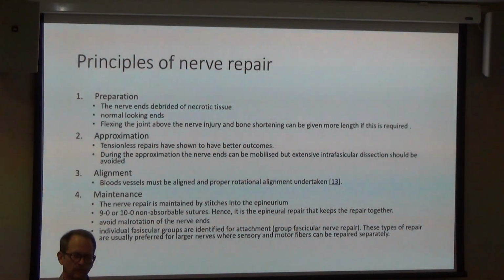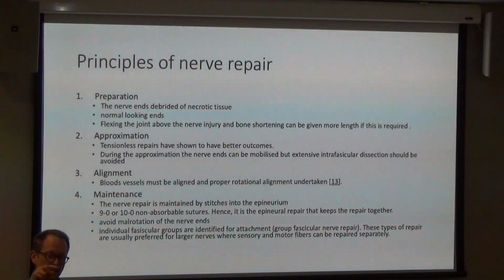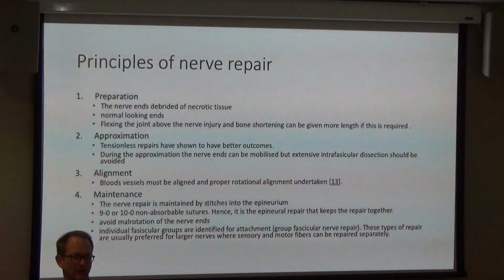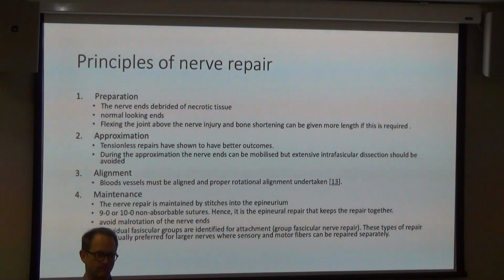Don't worry about it. Or if they've got a Tinel's test, then I think you're on safe-ish ground if they've got some intact sensation. When I mean 8 out of 10. If they've got 0 out of 10 and a negative Tinel's, you need to go back to explore the nerve.